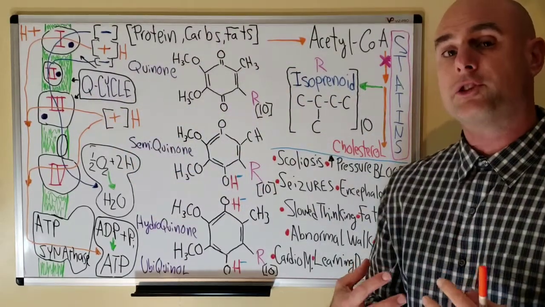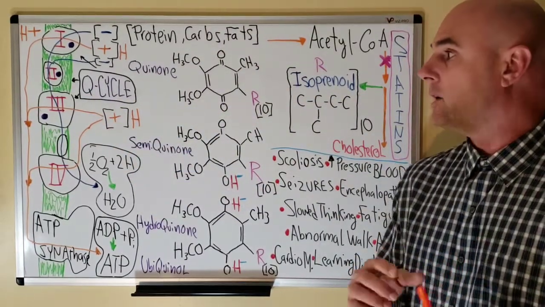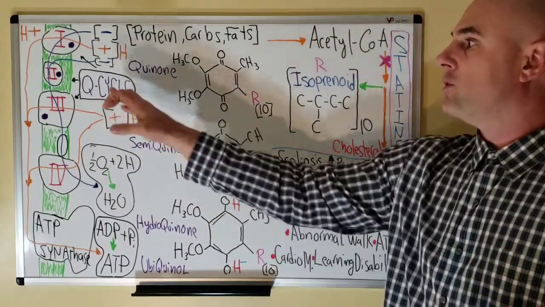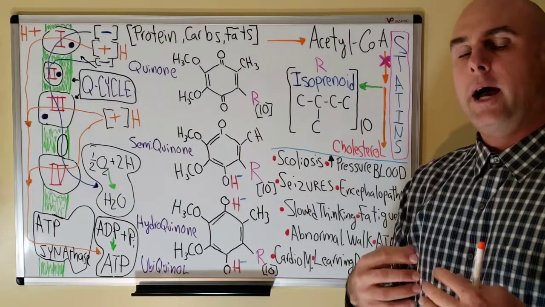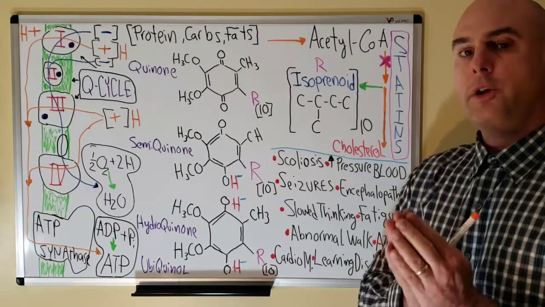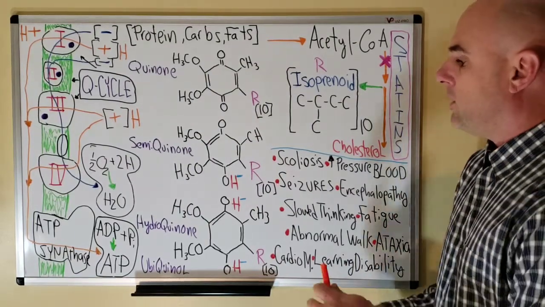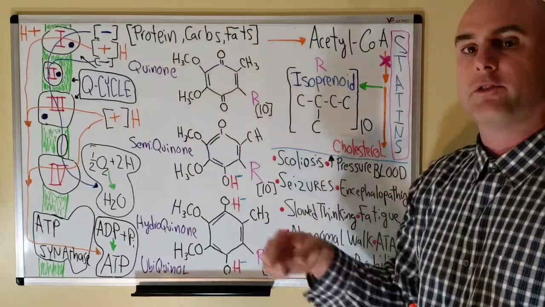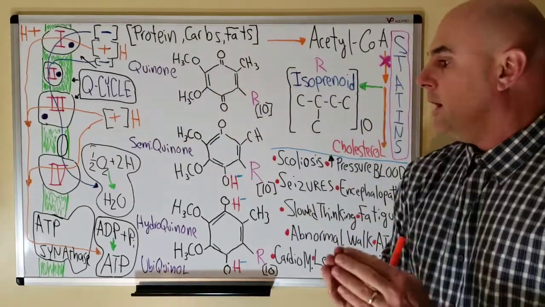And you can also search the electron transport chain online. So if you type in CoQ10 Q cycle, you will be able to see how CoQ10 really changes its electron state to help move electrons down this membrane.